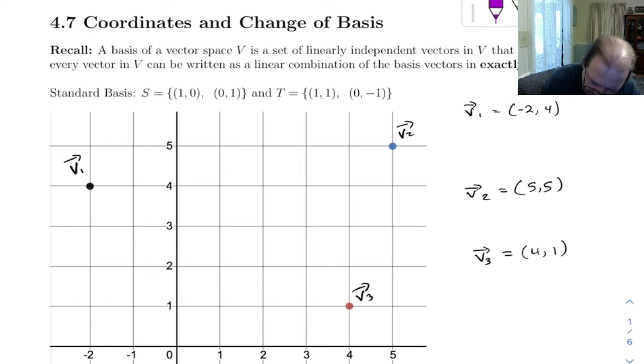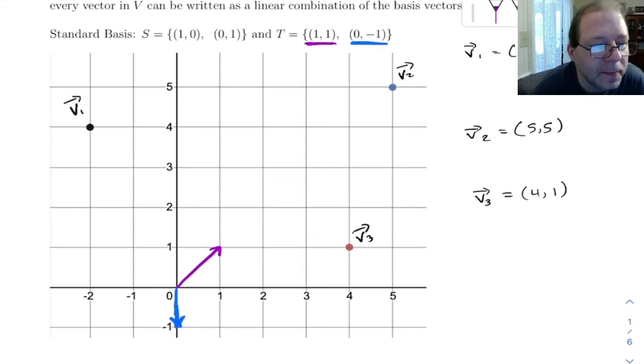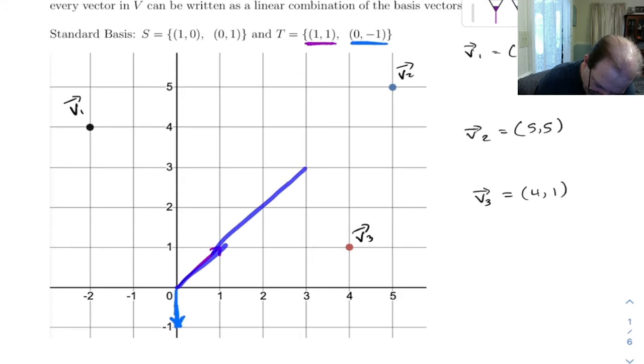Now the basis, let's look at T. So we've got the vector 1, 1, which is this guy. Then we've got the vector 0, -1. So it goes over 0 and down 1. So we've got these two vectors here for T. And this might be silly, but the way I think of this is this vector points off this direction, and this one goes down.